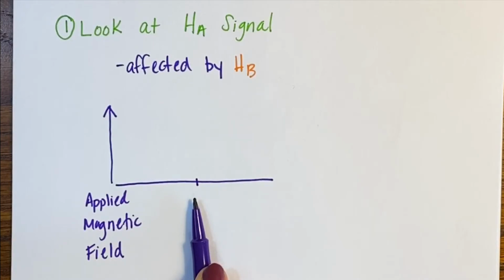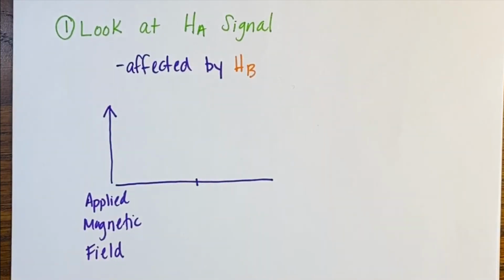What happens is that the protons HB are going to generate small magnetic fields that will either enhance or oppose the magnetic field that our proton HA is going to see. Now, because we have two protons that we have identified to be HB, each of those protons can affect that magnetic field.